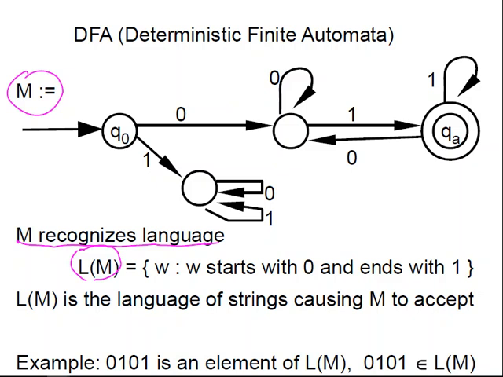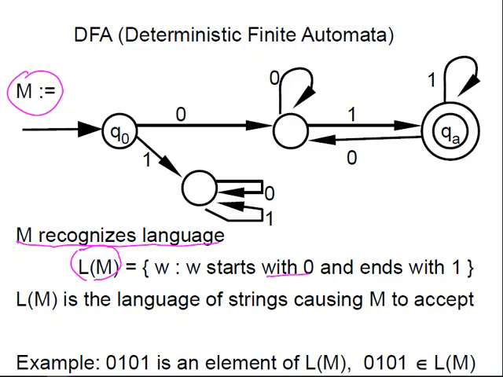So if you think about it, the strings accepted by M are those that start with a 0. You have to start with a 0, because if you start with a 1, you immediately go here and you will not be accepting. And then the strings have to end with a 1.